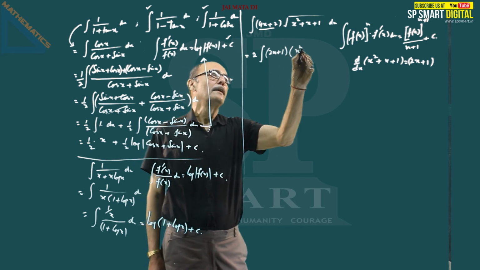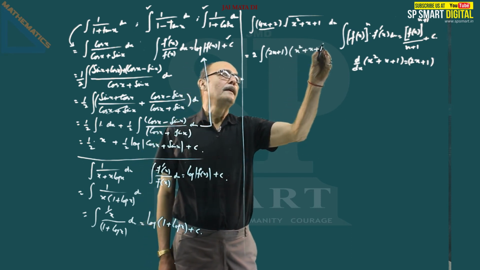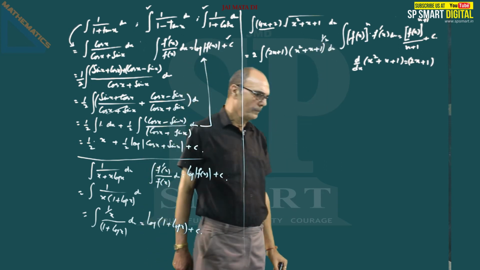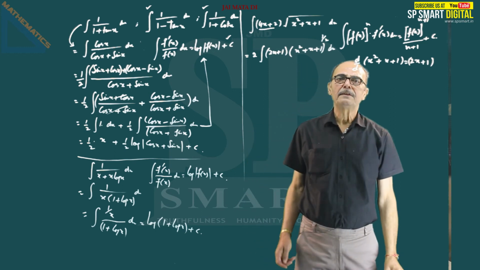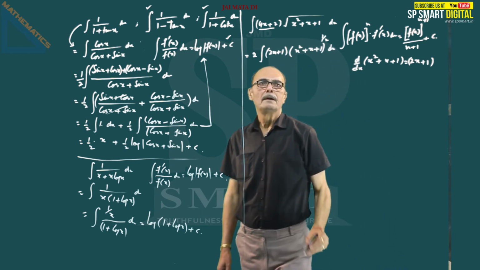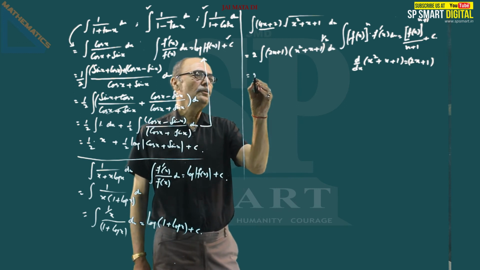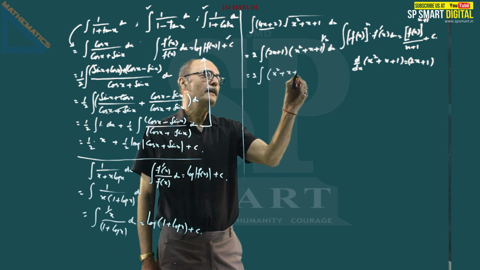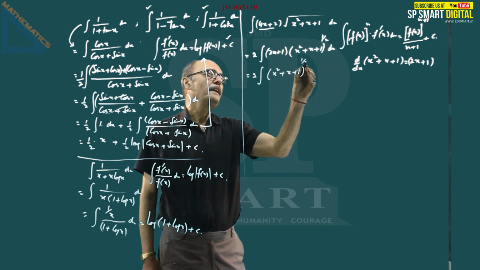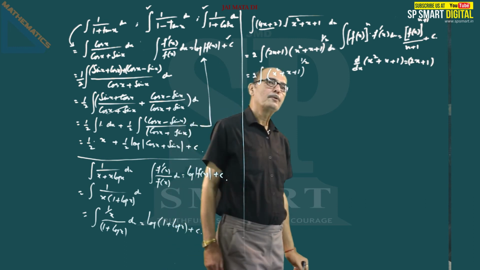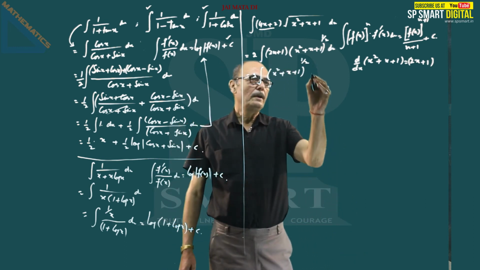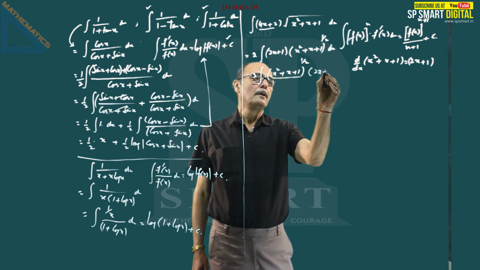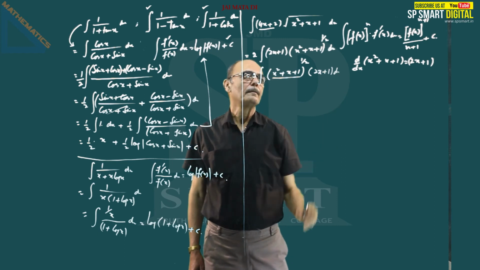into x square plus x plus 1 whole raised to power 1 by 2 d of x. For the simplicity of the problem, we can rewrite it as 2 times f x stands for x square plus x plus 1, power n here is 1 by 2 and its derivative is 2x plus 1 d of x.